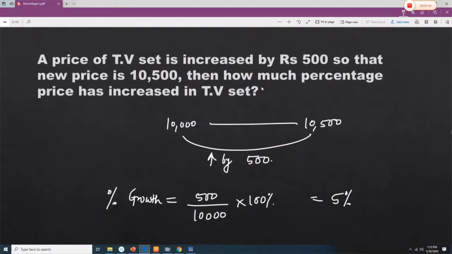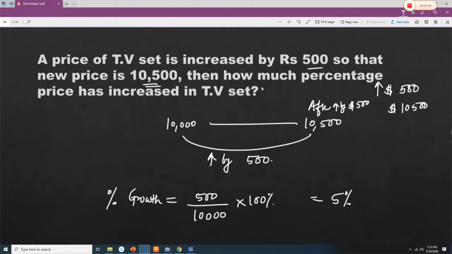Now the price of a TV set is increased by 500 so that the new price is 10,500. Then how much percentage has the price of the TV increased? Here the values are always in a rupee value or a dollar value. It is increased by 500, and after increasing the value is 10,500.